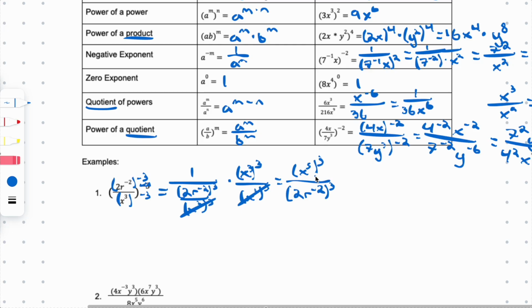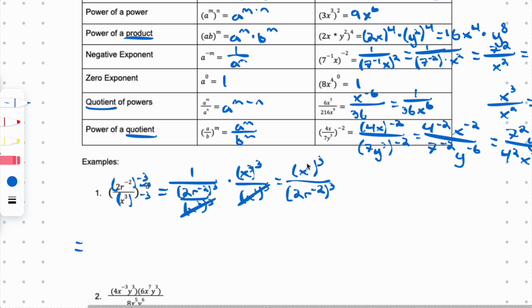Okay, and essentially what you can just do, once you get to this point, you don't have to do all this, just remember it's taking the reciprocal, so we can flip the numerator and the denominator to have positive exponents. Here we have x to the third, if you could see with my bad handwriting.